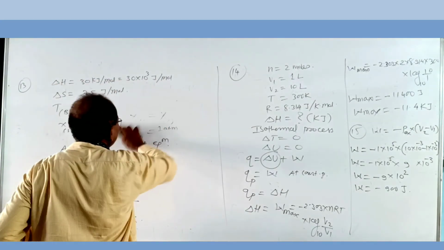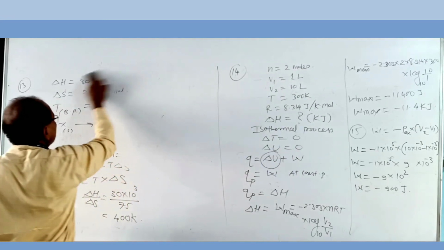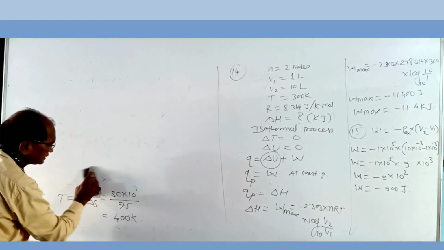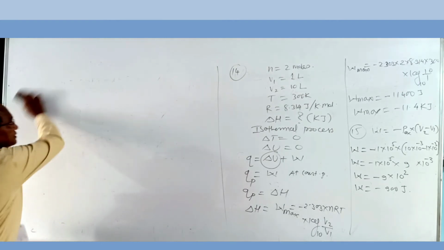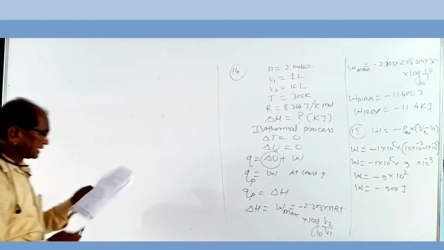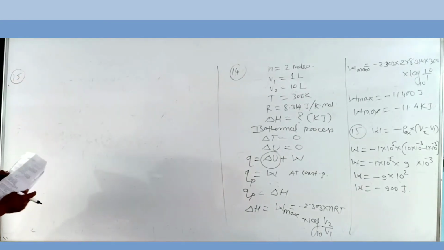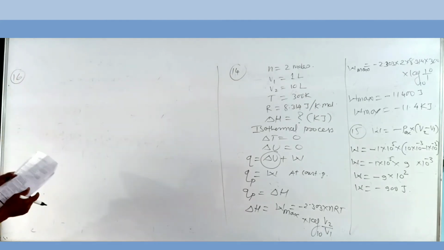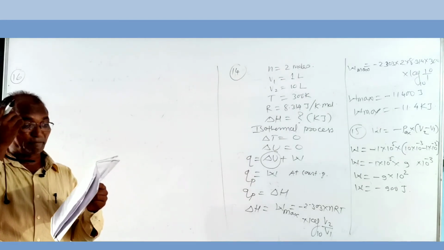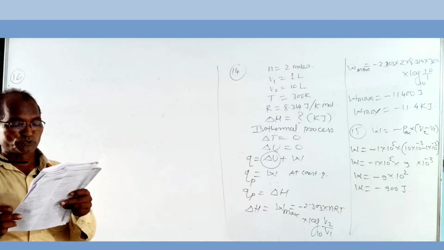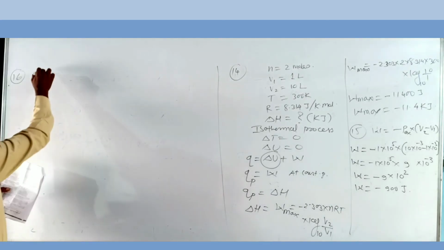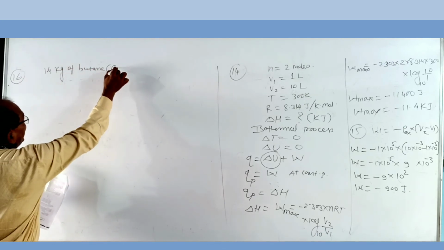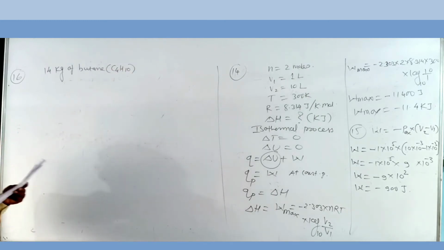Then we see MCQ number 16. A cylinder of gas supplied by Bharat Petroleum is assumed to contain 14 kg of butane, that is C4H10 gas.